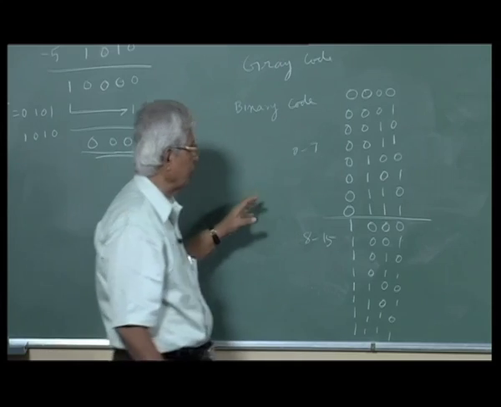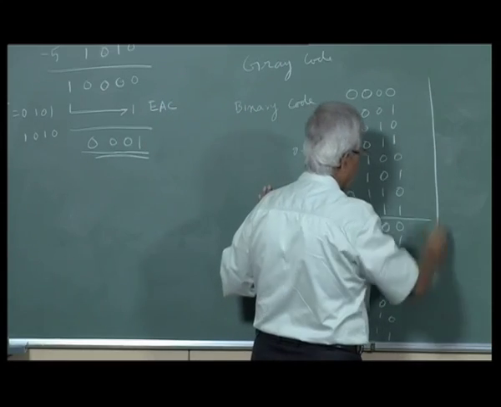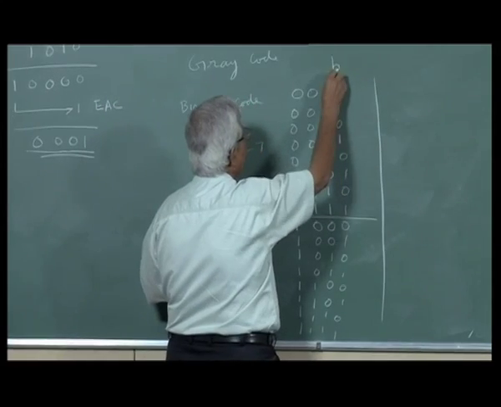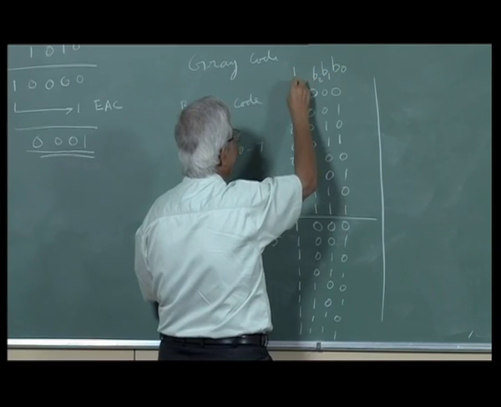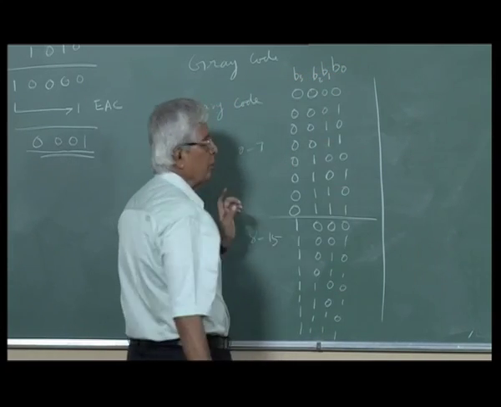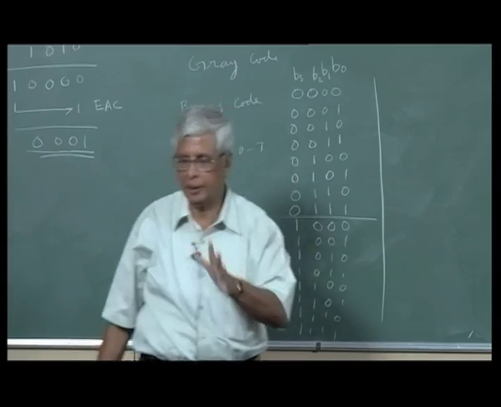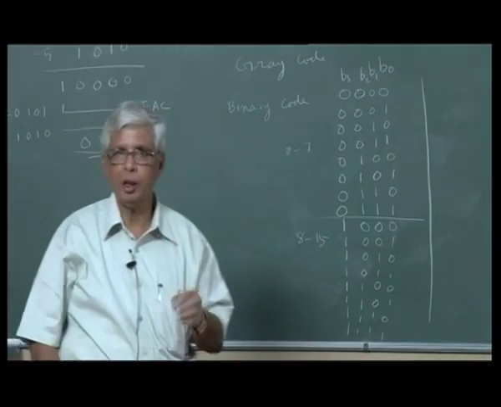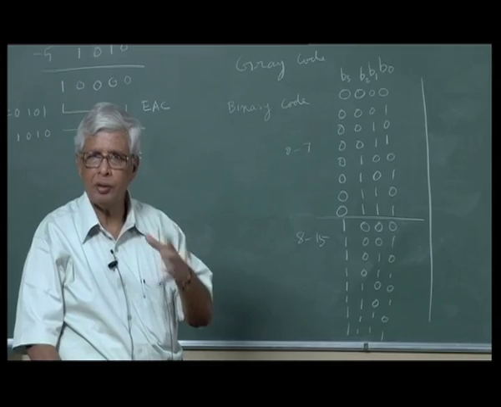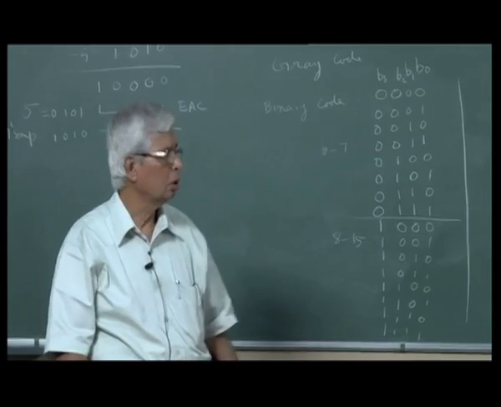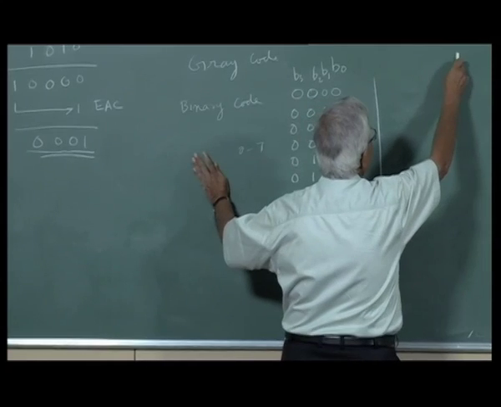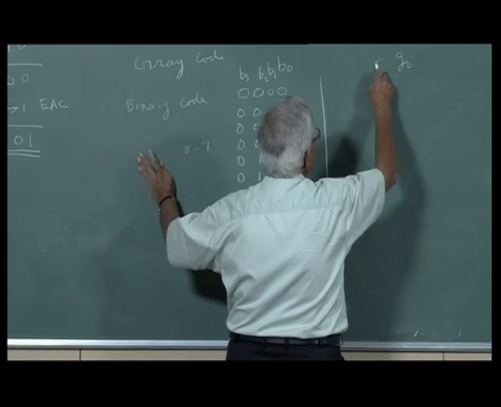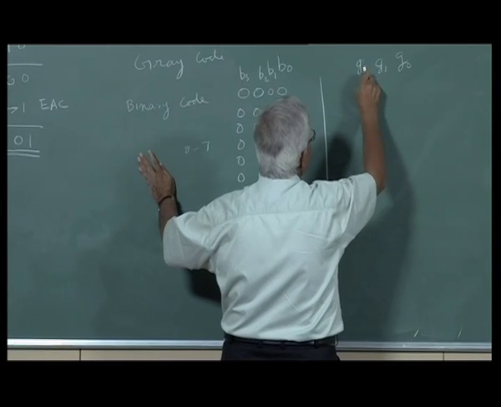Gray code for this would be, we will call this B0, binary bit 0, B1, B2, B3. B0, B1, B2, B3 are binary bits corresponding to the code which we normally use. Now in gray code we will call them G0, G1, G2.